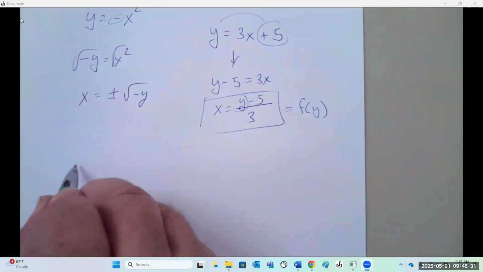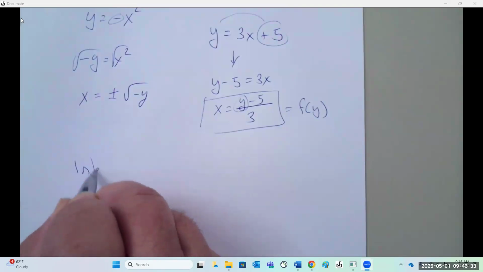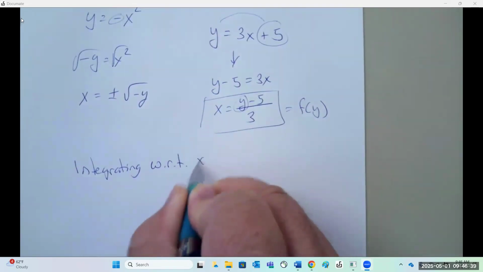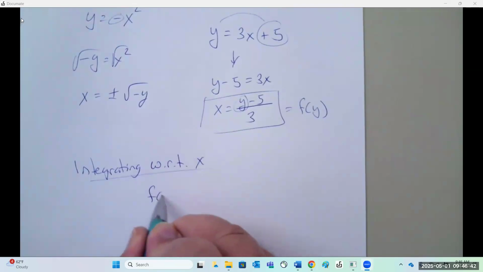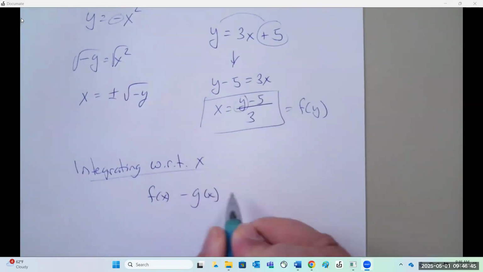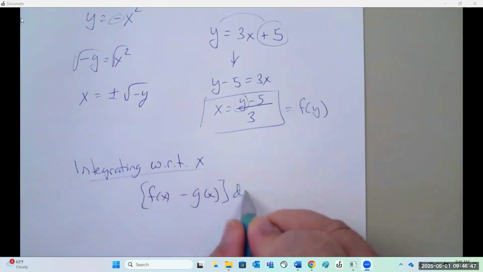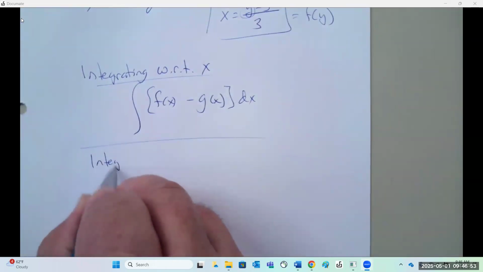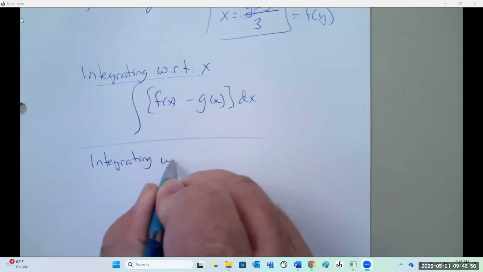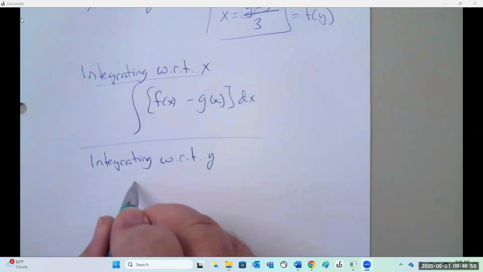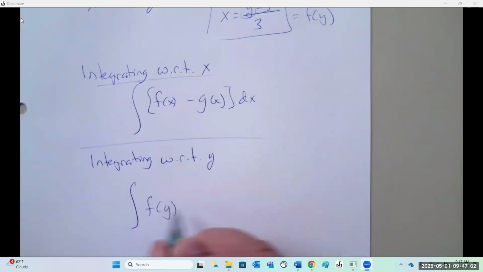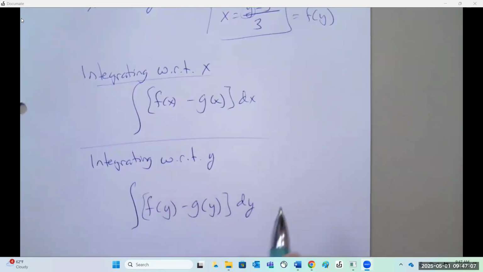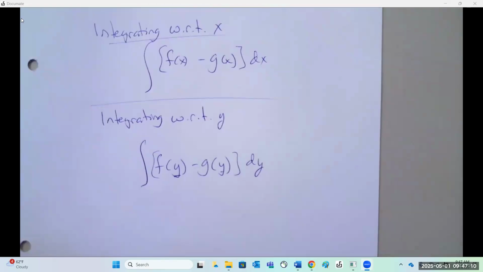Yeah, so integrating with respect to x, you'll have f of x minus g of x. Integrating with respect to y, the only variables you have in your equations are y.